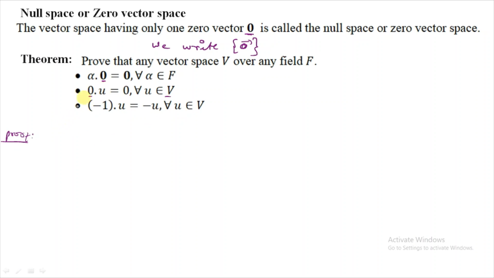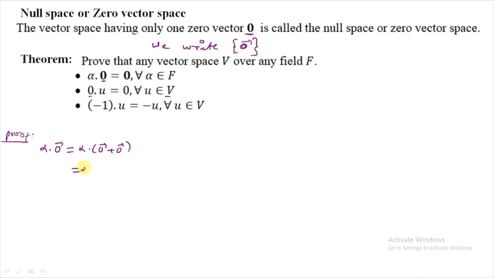Take the first one. We have to prove alpha dot 0 vector is the 0 vector. We can write alpha dot 0 vector plus 0 vector.